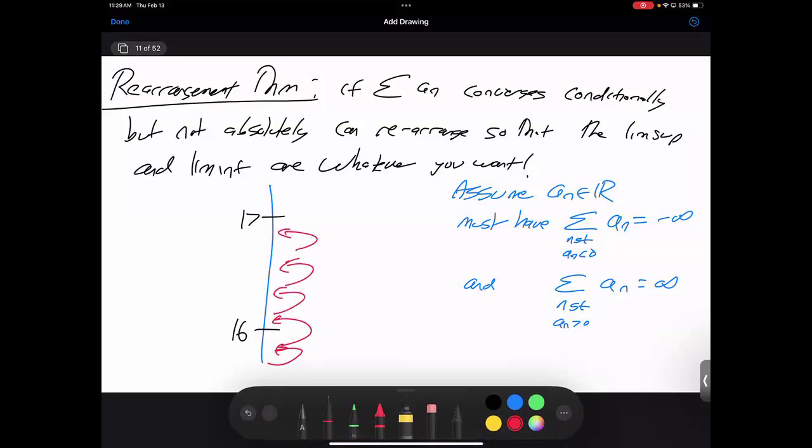So we just keep taking indices, starting with the smallest index we can, until we first break 17. And then we take indices such that the things are negative, and we keep doing it until we first get below 16. And then we just keep going like this.